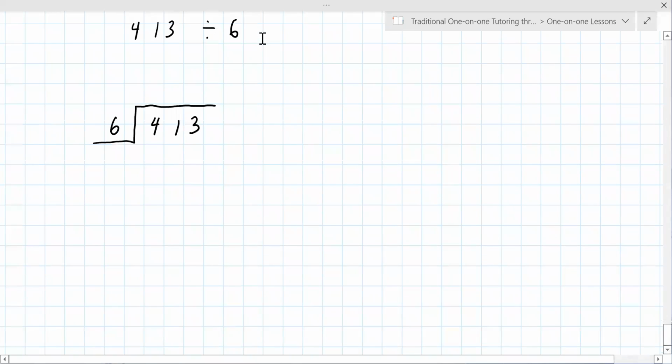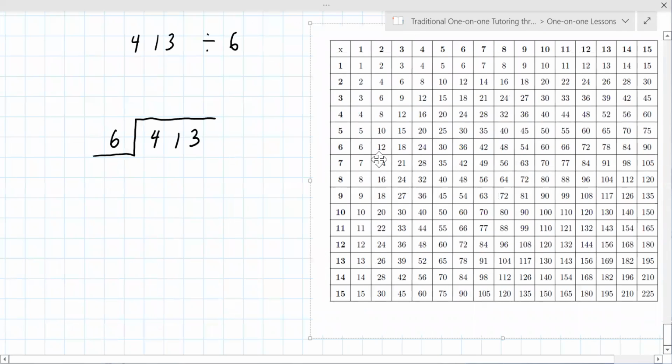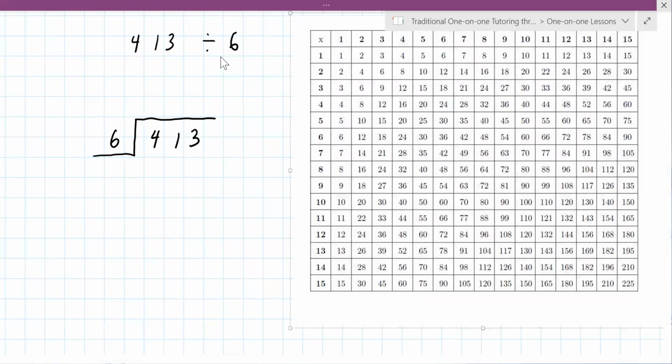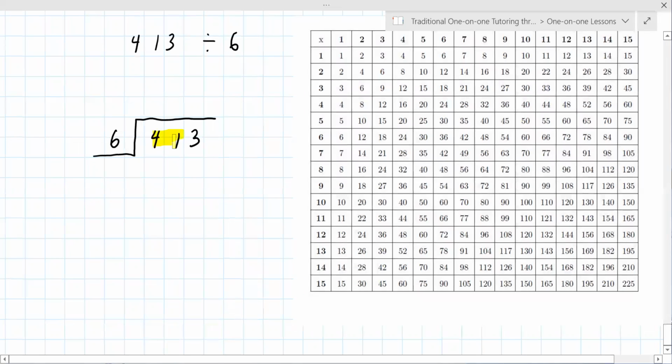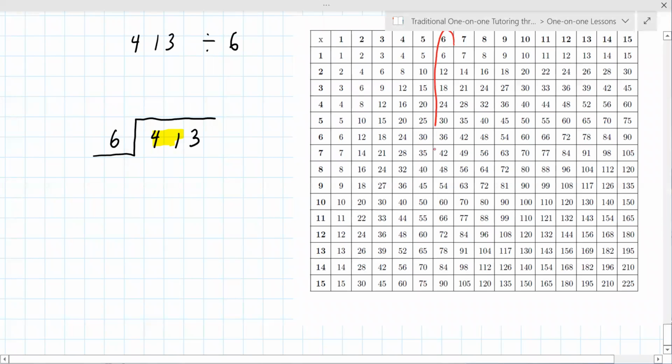Okay. So does 6 go into 4? No. If you're looking at the column with 6, do you see how 6 is the smallest number? Yeah. Okay, so that's why it doesn't go in, 0 times. But now we look at 41. So you go to the 6 column and you look for 41.